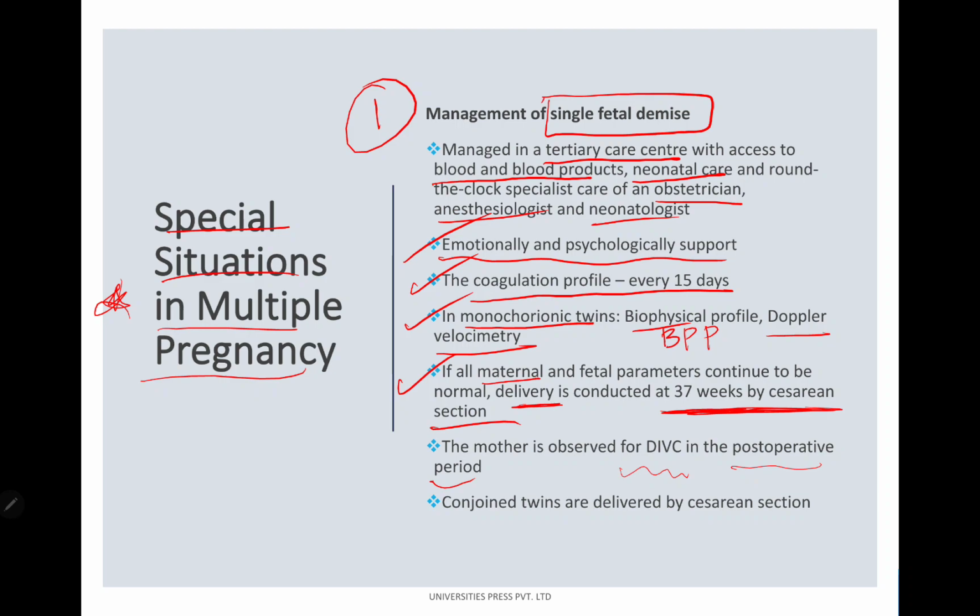So what is DIC? Disseminated intravascular coagulation. So the mother should be observed for this. Conjoined twins are delivered by cesarean section. Remember, conjoined twins are always delivered by C-section.